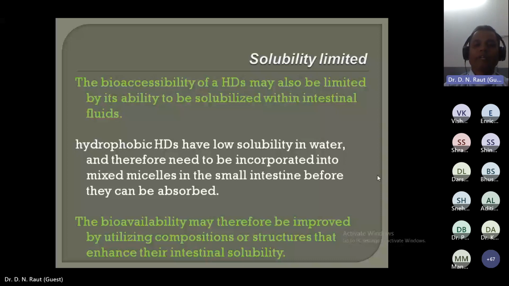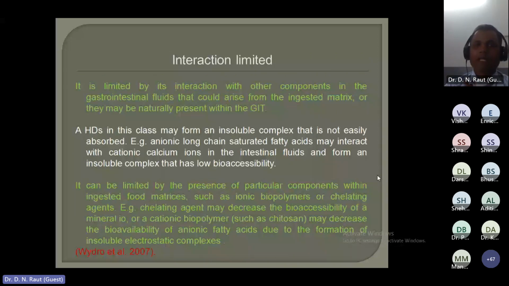Bioavailability can therefore be improved by utilizing compositions or structures that enhance their intestinal solubility. Then, in the case of interaction limitation, there is an interaction with other components in the GIT, which could arise from the ingested matrix itself, or which could be naturally present within the GIT.